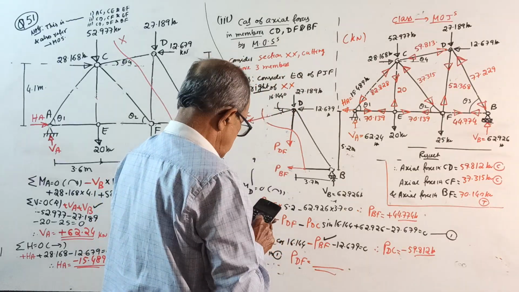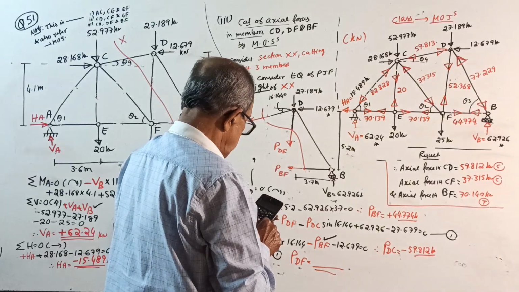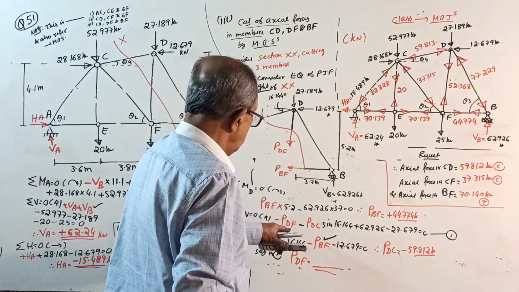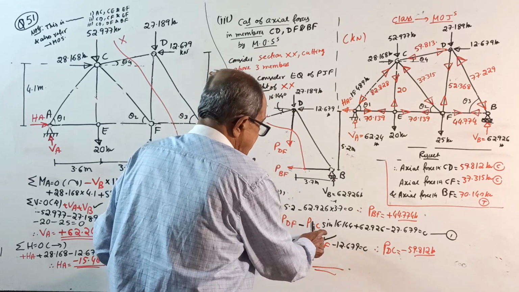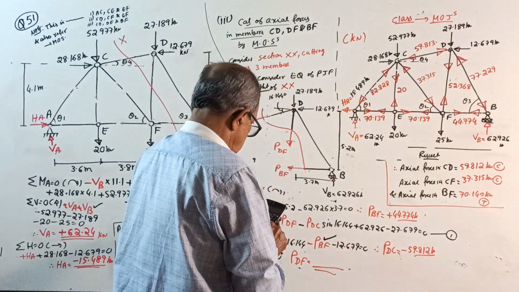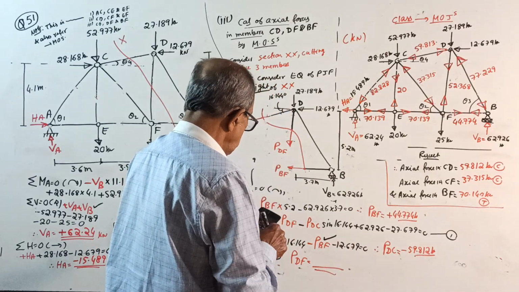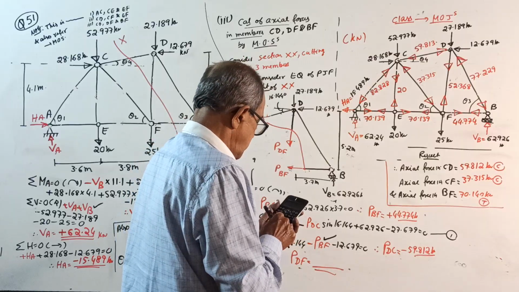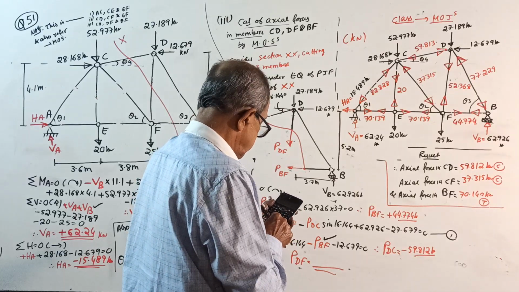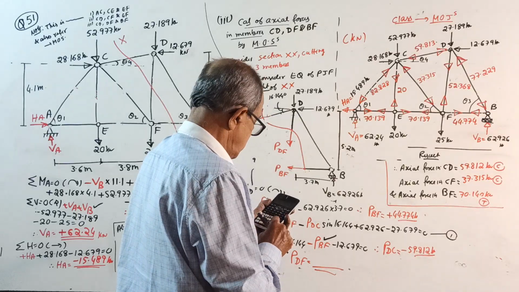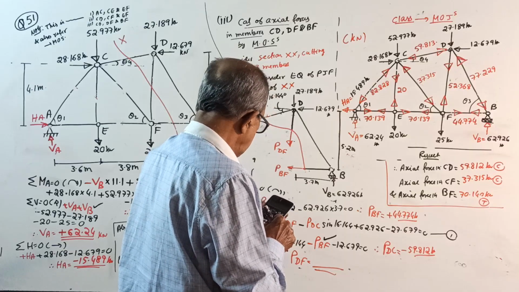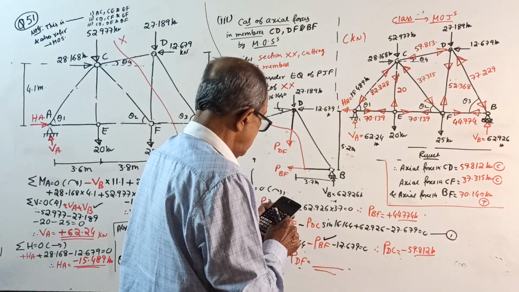We want PDF. So minus PDC is 59.812, minus PDC into sine of 16.144, plus 62.926 minus 27.679, so much 51, divided by how much?